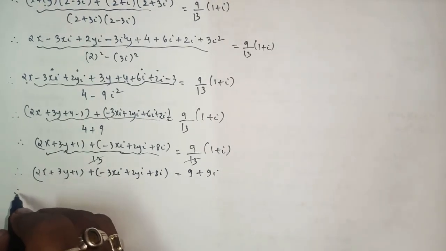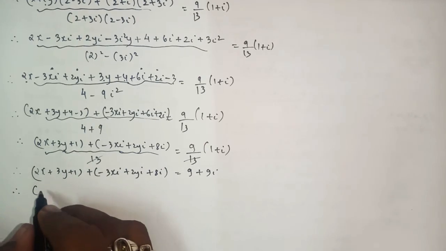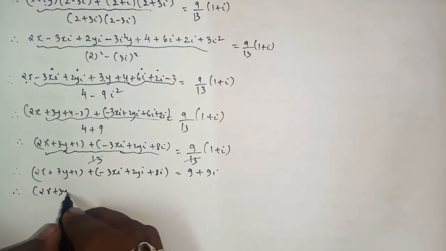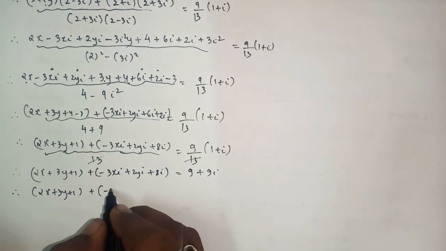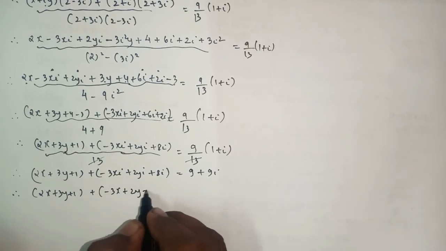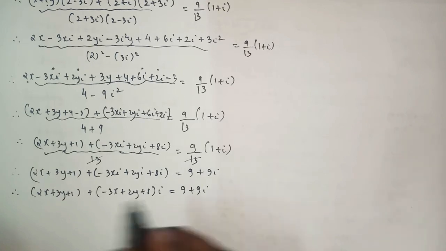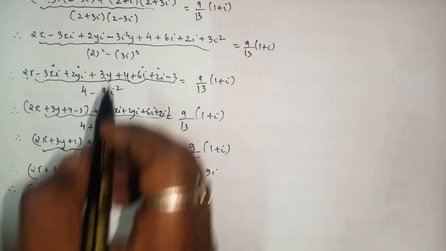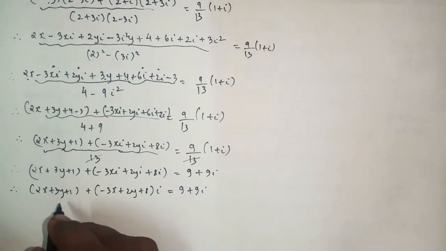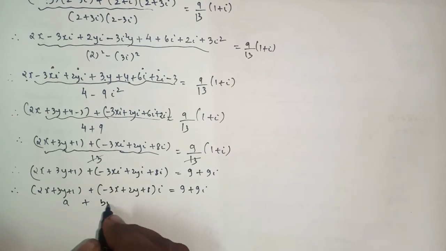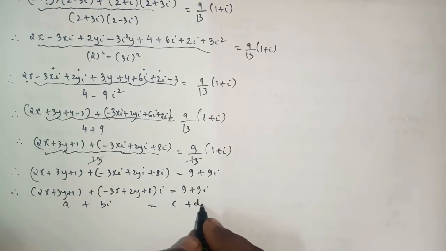Okay, the 13 got cancelled, yes or no? So 2x plus 3y plus 1, here we'll take i as common. Okay, so here 9 plus 9i. As now clearly we can see that we have converted this whole section in the form of a plus bi equals to c plus di, yes or no?